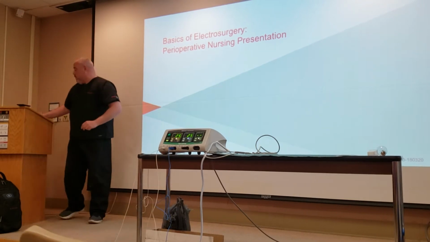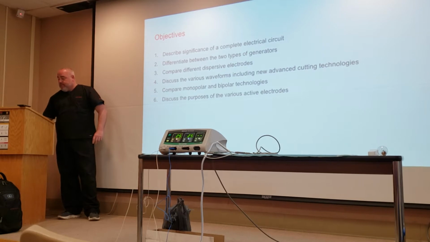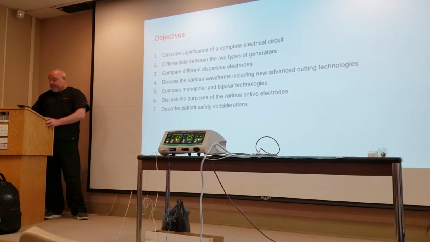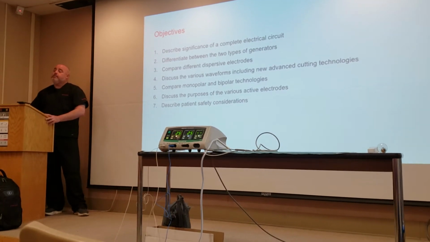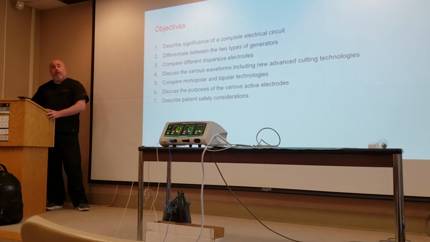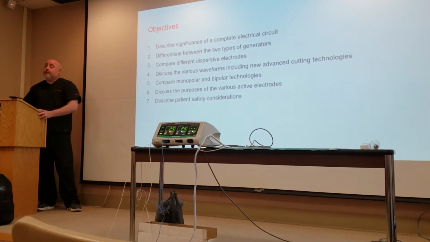So let's take a look at what we're going to talk about today. These are our objectives. We have 7 of them. Describe the significance of a completed electric circuit, the difference between the types of generators that you may have had in your operating room at any time, compare the different types of dispersive electrodes.